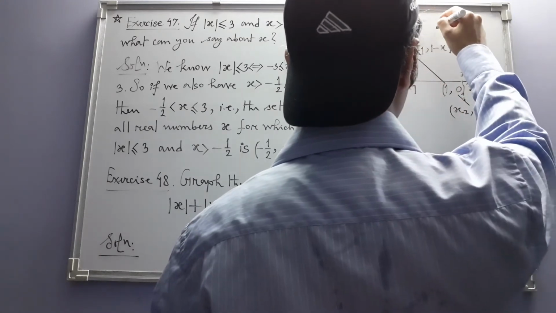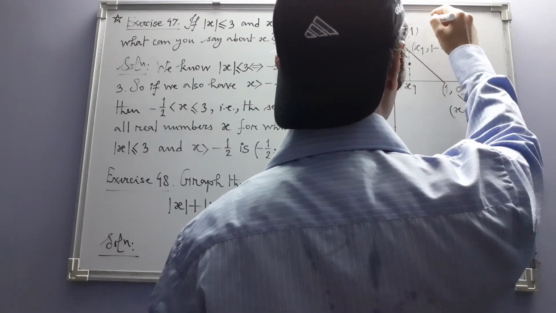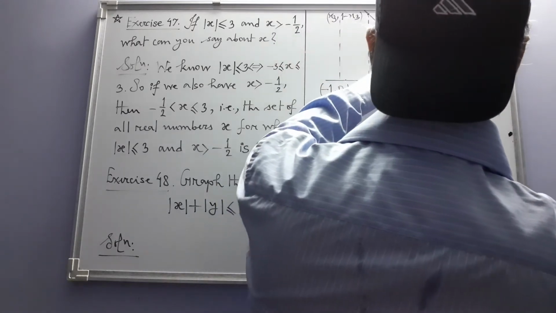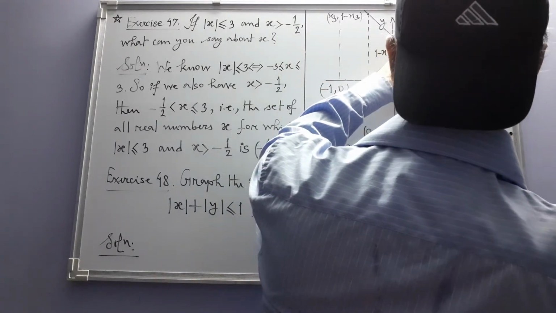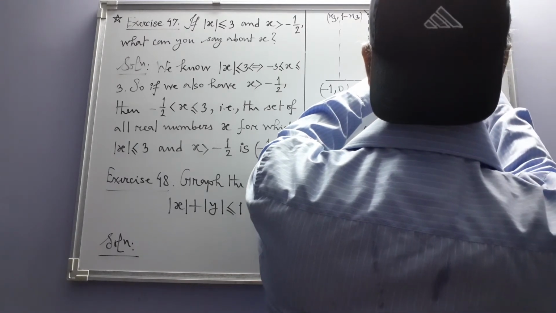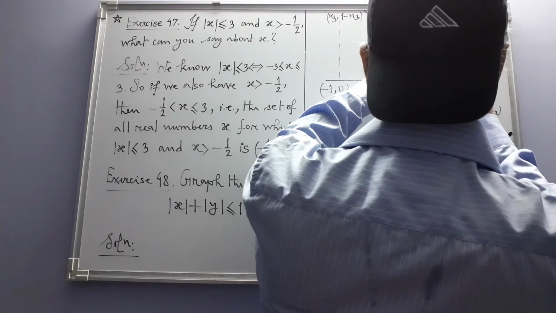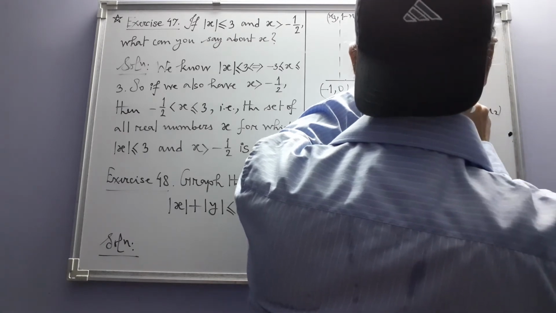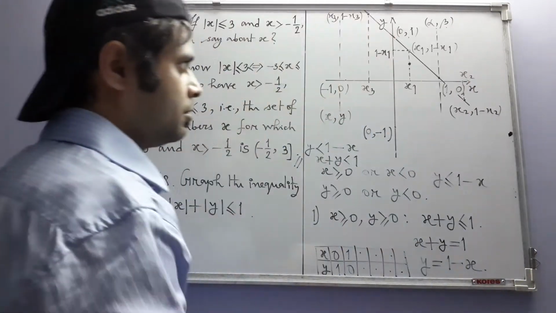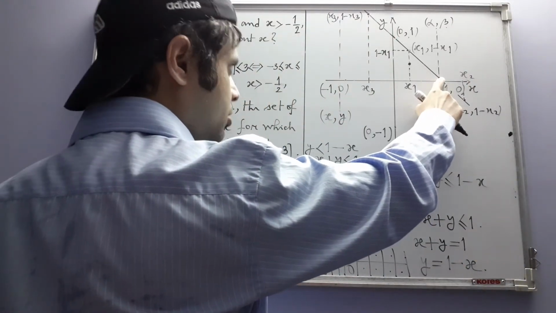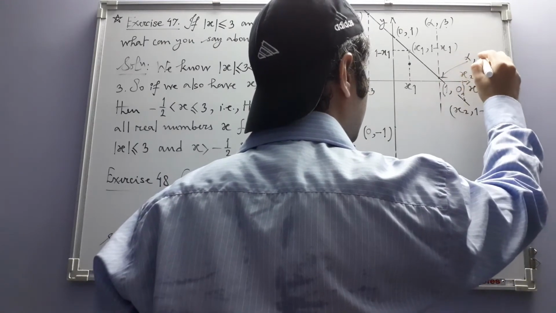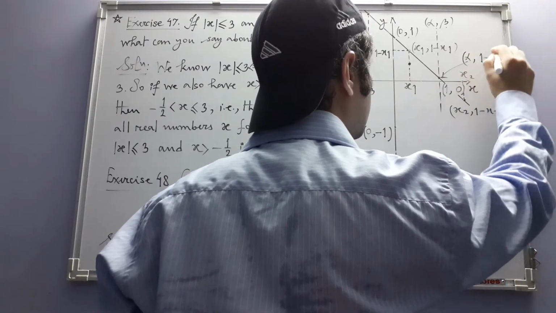Just to see how that is true, you take a point, say alpha comma beta. You draw a perpendicular line passing through that point. It will intersect our straight line at some point here. So the coordinates of this point are alpha comma 1 minus alpha.